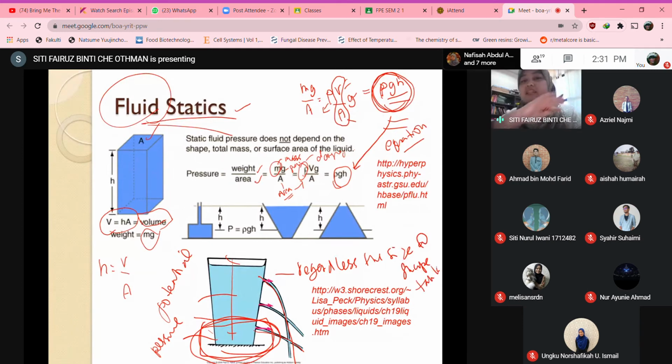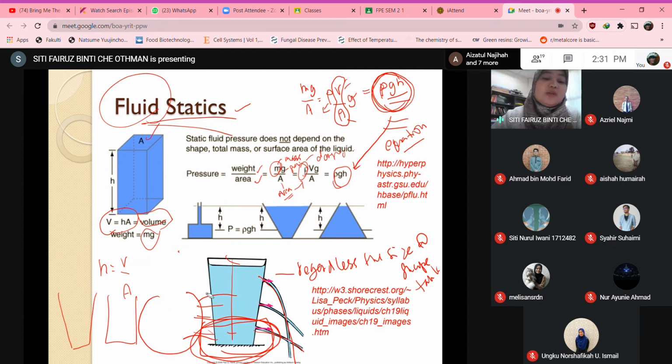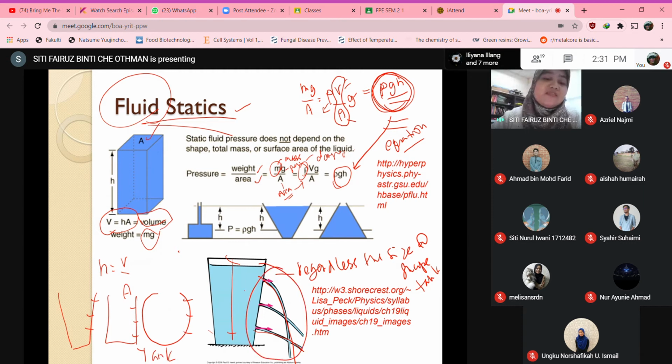Okay, meaning that it doesn't matter what the shape of this particular tank looks like, whether it's conical, straight, or round. If you were to poke a hole in this particular tank, it should get this similar pattern.